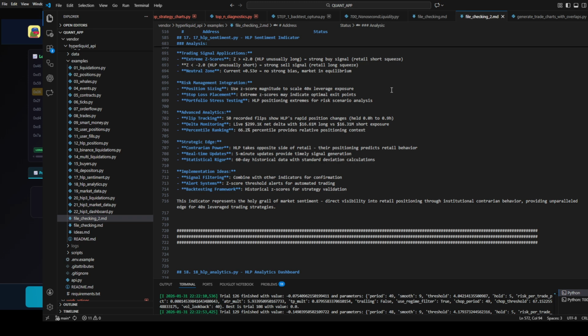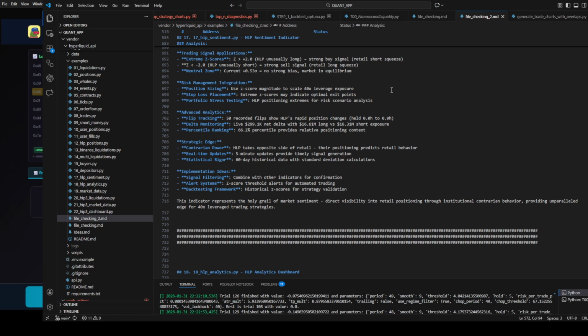Stop loss placement: extreme z-scores may indicate optimal exit points. Portfolio stress testing: HLP positioning extremes for risk scenario analysis. Advanced analytics, flip tracking: 50 recorded flips show HLP's rapid position changes held 0.0 to 0.9 hours.